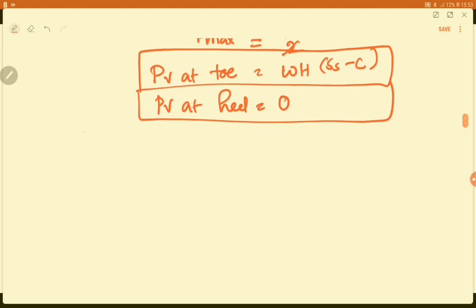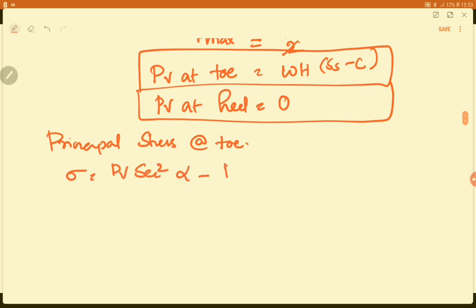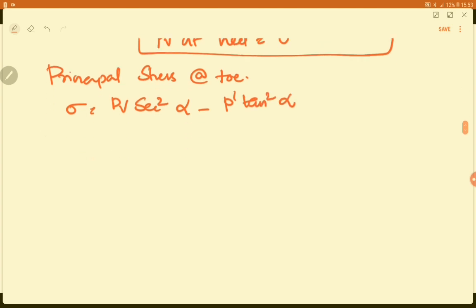Now we will find out the principal stresses at the toe or near the toe. What was the equation? Sigma is equal to PV into secant square alpha minus P dash tan square alpha. Okay. Now suppose if there is no tailwater, then P dash will be equal to 0.